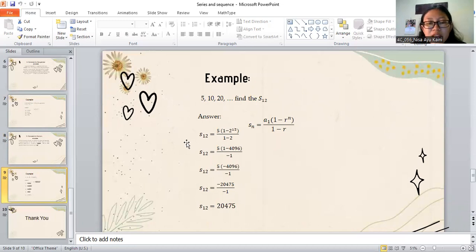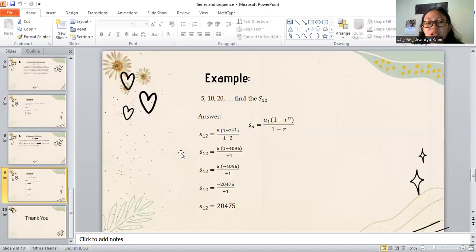So S sub 12 equals 5 multiplied by 1 minus 2 power 12 over 1 minus 2. And S sub 12 equals 5 multiplied by 1 minus 4,096 over minus 1.